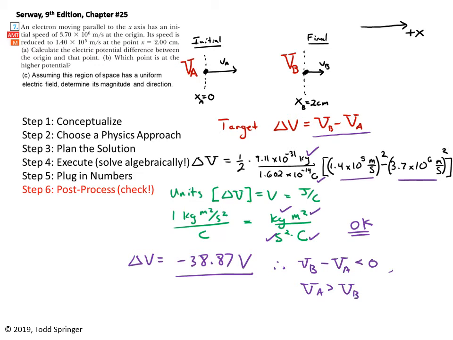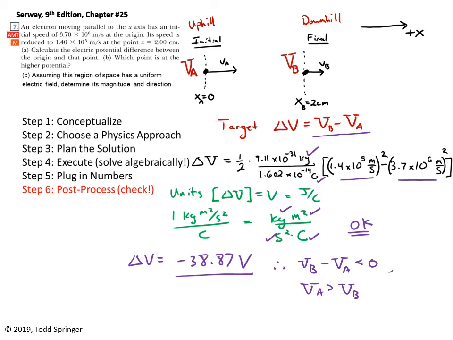Does this make sense? Let's think about what this means. Remember, electric potential is kind of like height. So the one that's higher is uphill compared to the other one. We're learning that VA is uphill compared to B. This is downhill. So VA is at a higher potential than VB.